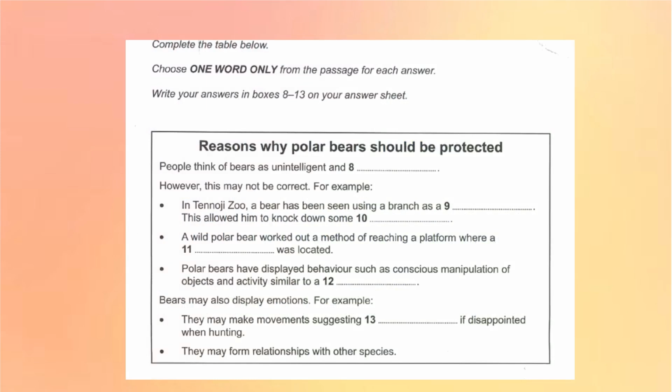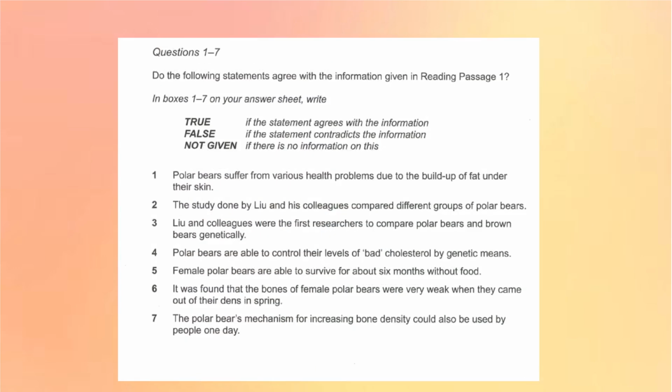Here are some sample question types of reading passages. There may be paragraph to headline matching and various other types of questions also. You can get some true, false, not given, or yes, no, not given type of questions.